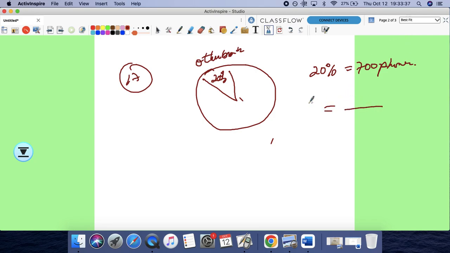So we can set up a proportion, and if we say that 20% is 700 phones, how much would everything else be? 100%. So there's a relationship here. It's times 35.